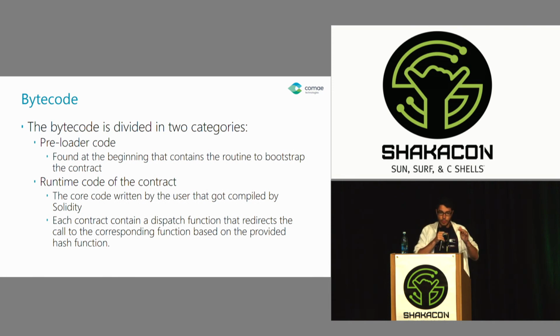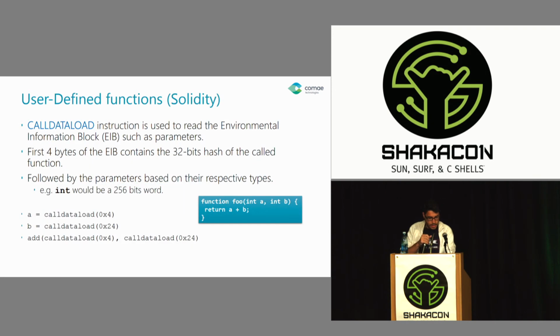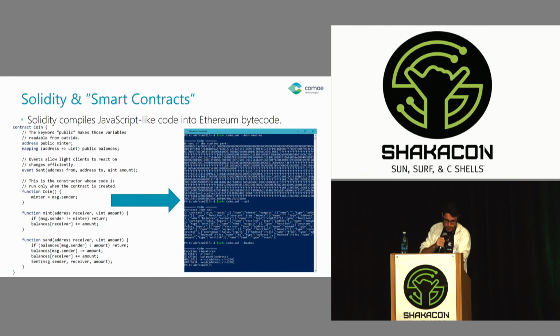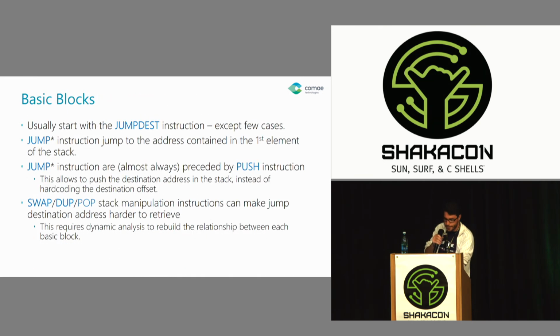And that's where we have all the logical routines with all the functions we define in our contract, and also the definitions for the actual storage variables that we would see here on the top.